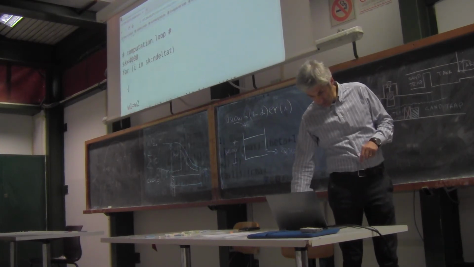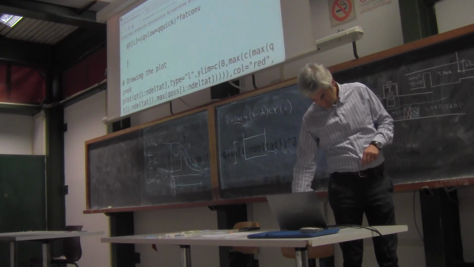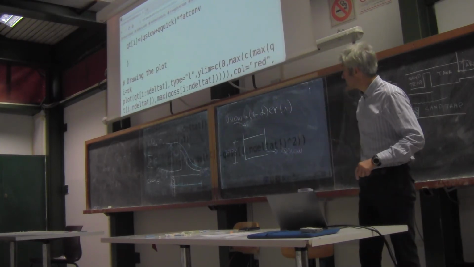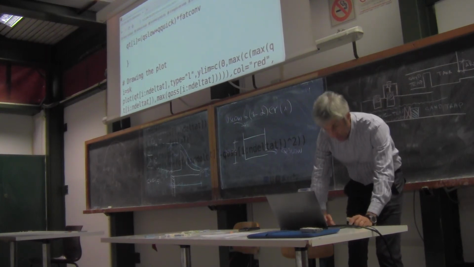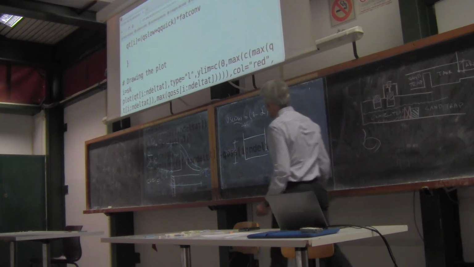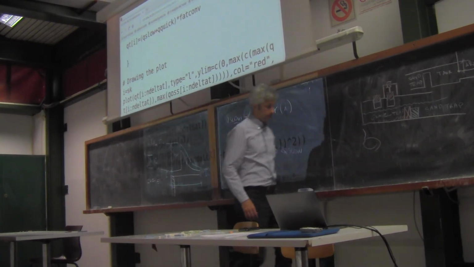Okay, let's go back. Let's go down. And now here, at the end of the code, there is, unfortunately, I cannot scroll down, but there is simply a drawing of the plot.